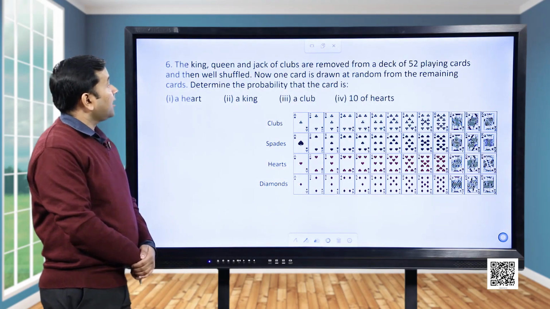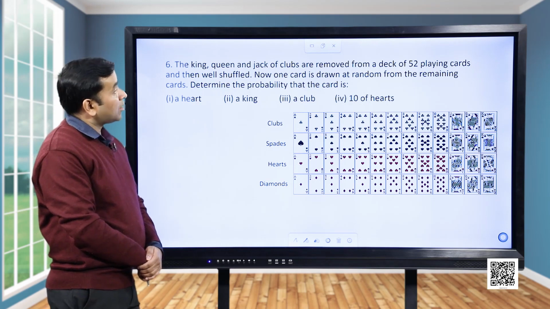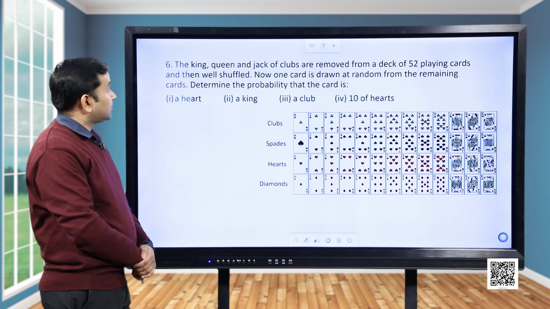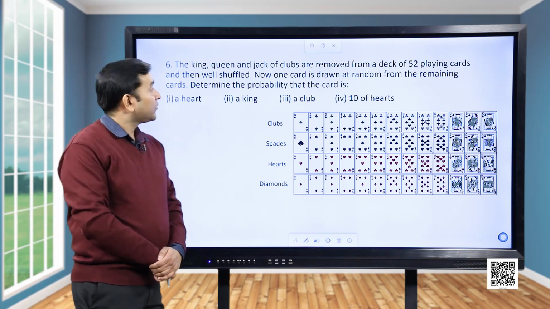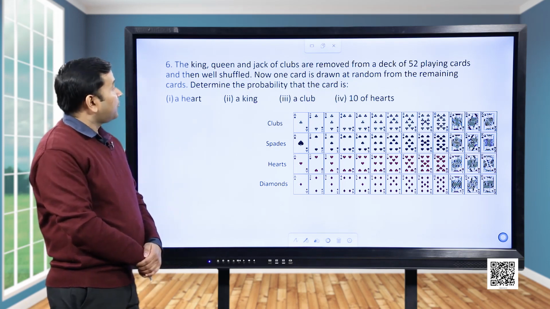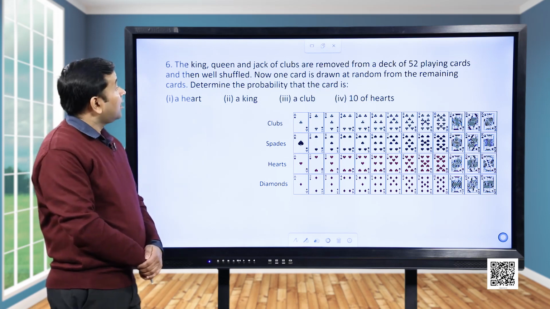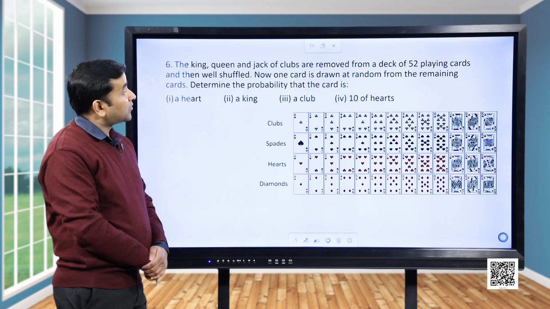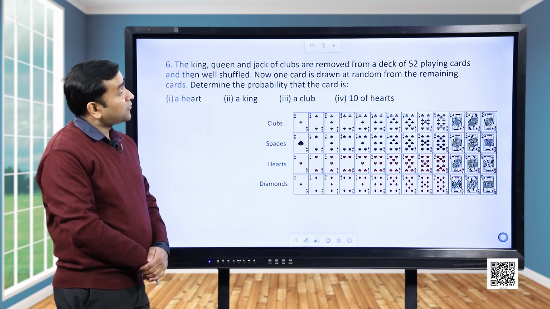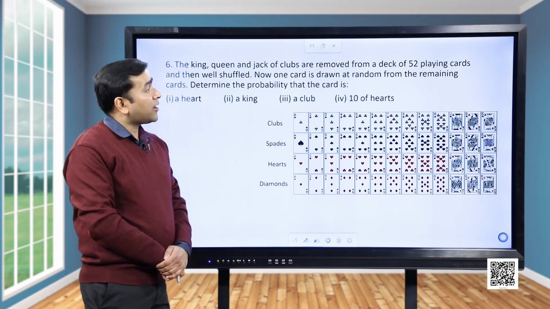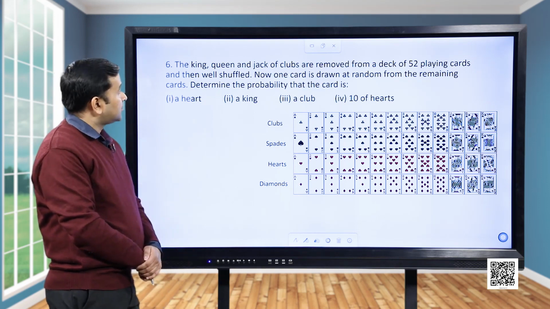It says the king, queen and jack of clubs are removed from a deck of 52 playing cards, and then well shuffled. Now one card is drawn at random from the remaining cards.